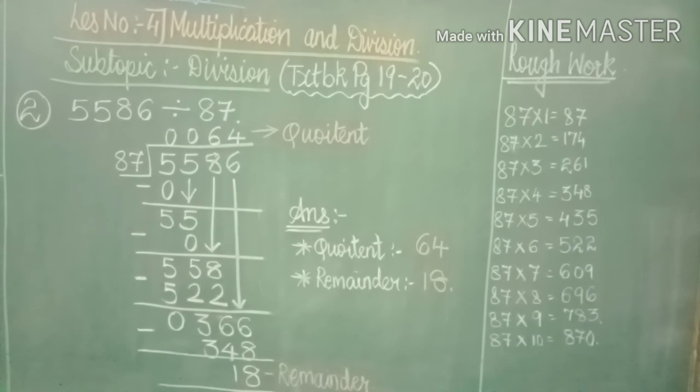As you can see on the blackboard, 64 is called as quotient, 18 is called as remainder. So you can write the answer as given in the question. You can write the answer, quotient is 64 and remainder is 18. So let's start with the next solution, number 3.